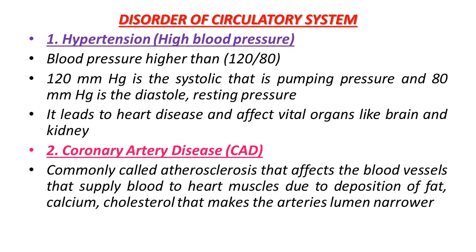Hypertension is a term for blood pressure that is higher than normal. Generally, the normal ratio is 120/80. In this measurement, 120 mm mercury is the systolic or pumping pressure, and 80 mm mercury is the diastolic or resting pressure.